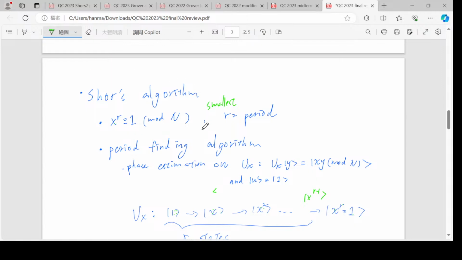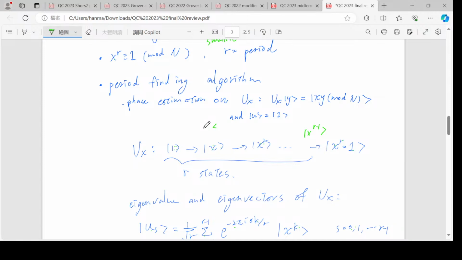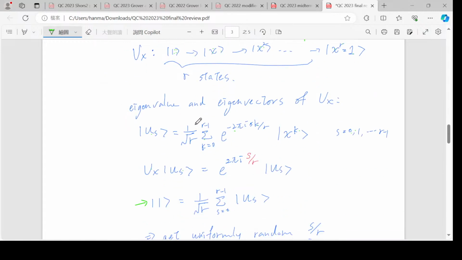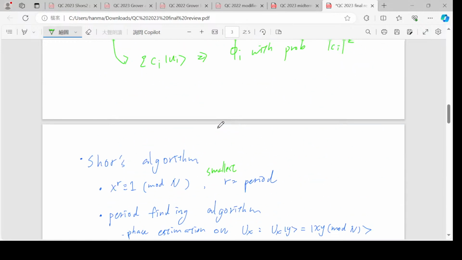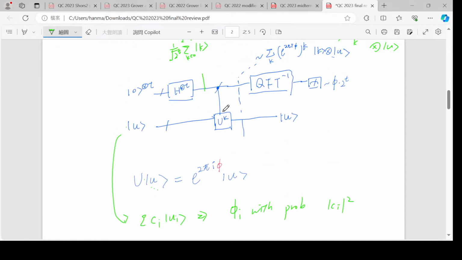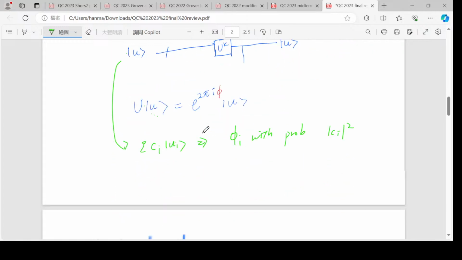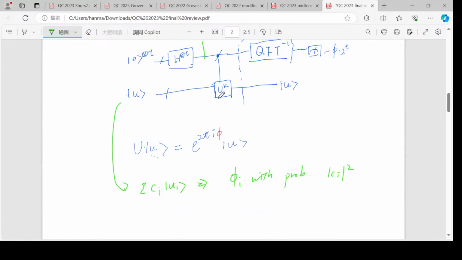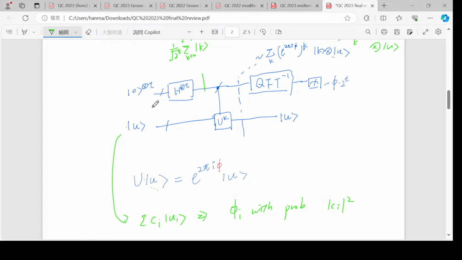Okay, you do phase estimation on this Ux unitary, and we claim that this is efficient. Ux is a bit complicated, but at a high level, Ux to the k we can do efficiently because it's a multiplication, and you can get a very high power by doing repeated squaring.